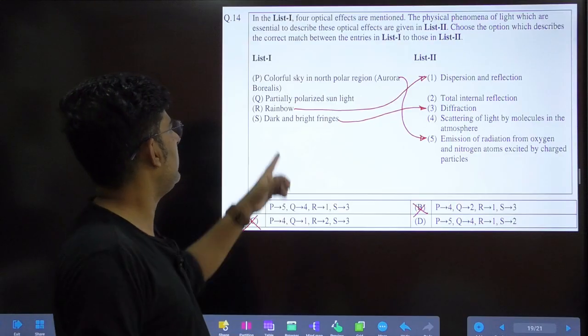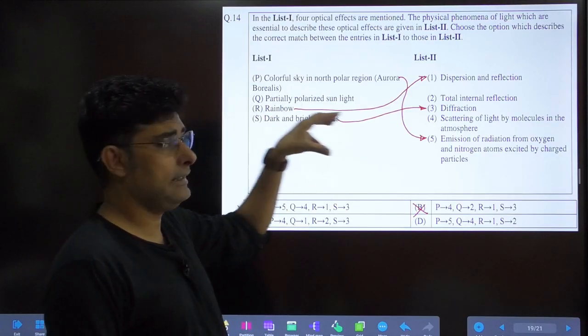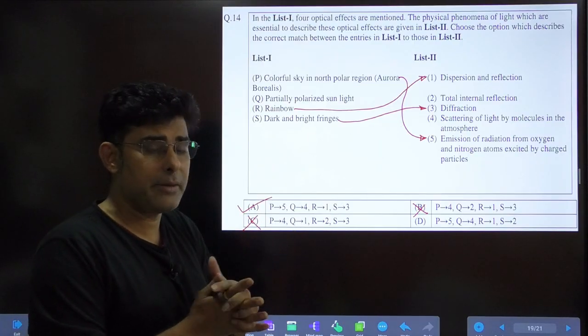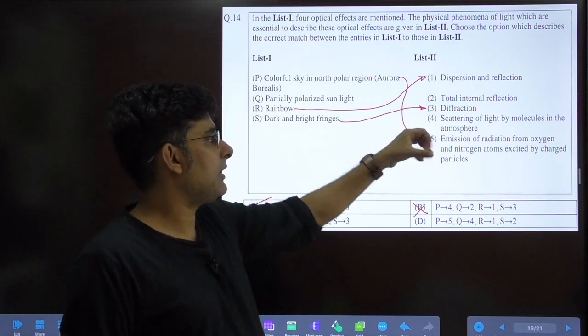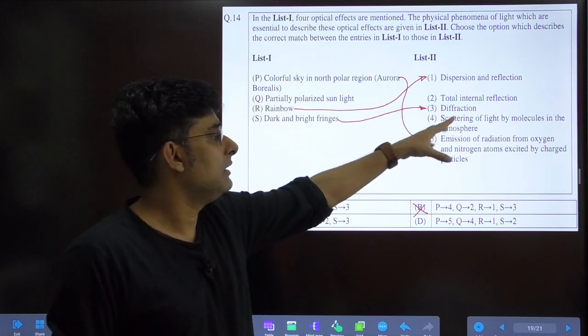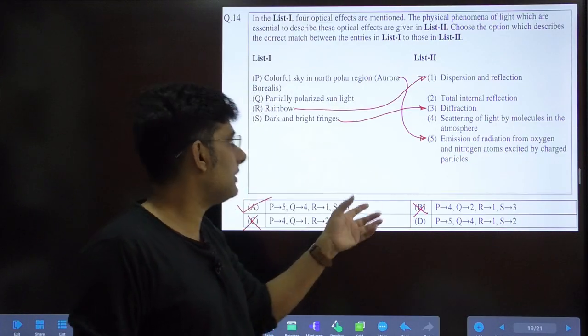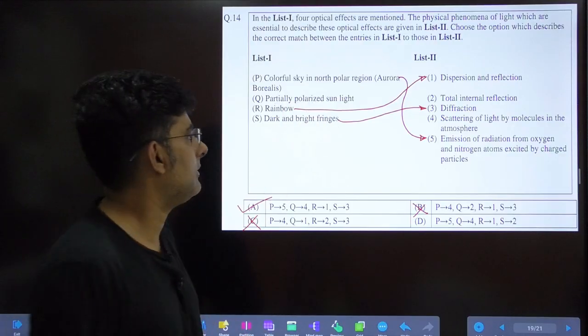Let me quickly explain the part Q, partially polarized sunlight, also. When sunlight is unpolarized, it has electric and magnetic field vibrations along all directions in space. When it enters our atmosphere, it will be scattered, not completely but partially, by the molecules in the atmosphere, and due to this scattering we say that the sunlight is partially polarized.